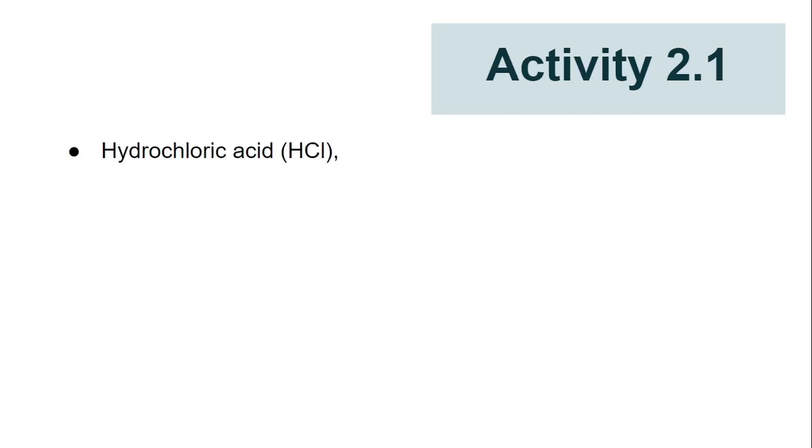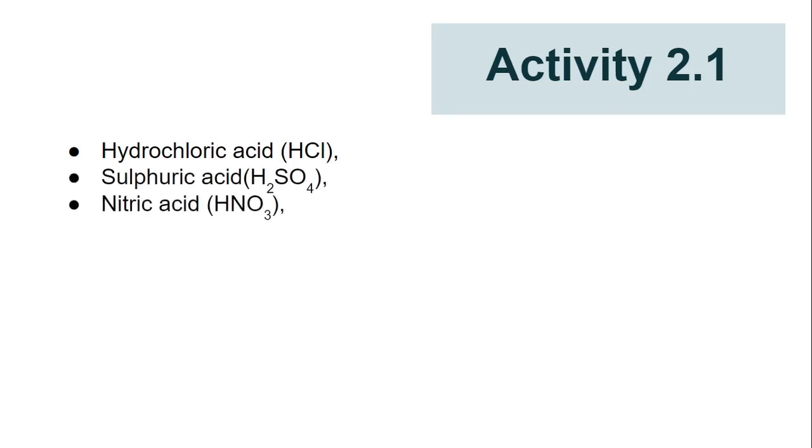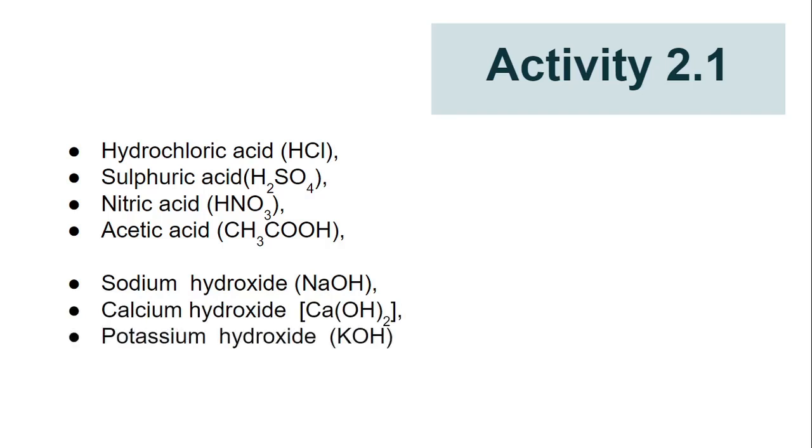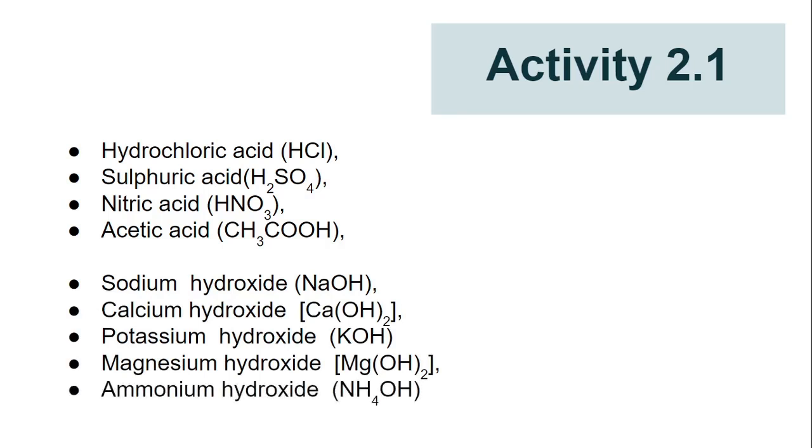First of all, collect the following solutions from the science laboratory: hydrochloric acid HCl, sulfuric acid H2SO4, nitric acid HNO3, acetic acid CH3COOH, and also sodium hydroxide NaOH, calcium hydroxide Ca(OH)2, potassium hydroxide KOH, magnesium hydroxide Mg(OH)2, and ammonium hydroxide NH4OH.